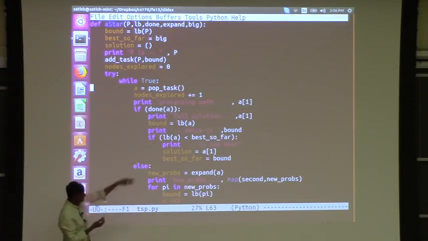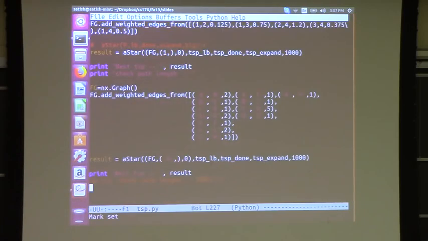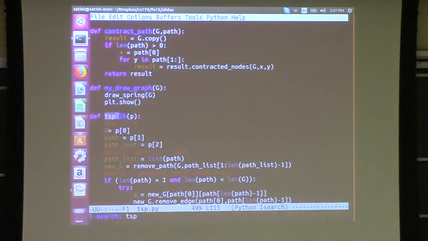And of course, because we did all this, A star, you pass in higher order functions: the TSP lower bound, when you're done, how to expand, and the original problem. So that's just what A star does, right? It is that generic procedure, and I filled it in with the TSP lower bound.